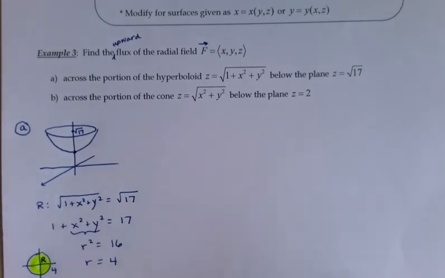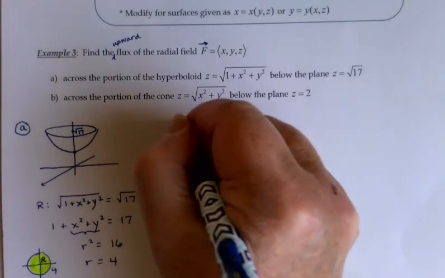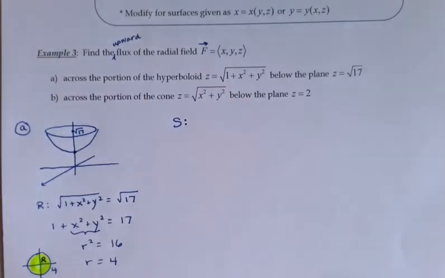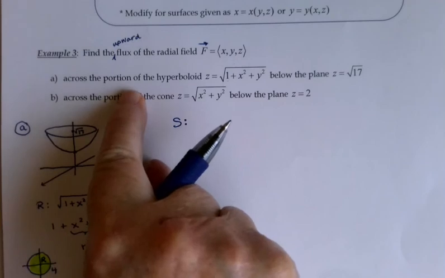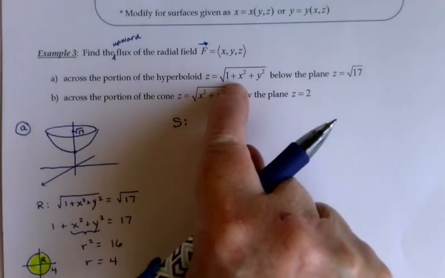All right, the next thing I need to do is get my surface defined as a level surface so that I can go ahead and calculate my normal vector. So let's do that next. The surface S, what we actually want the flux across, is this hyperboloid.